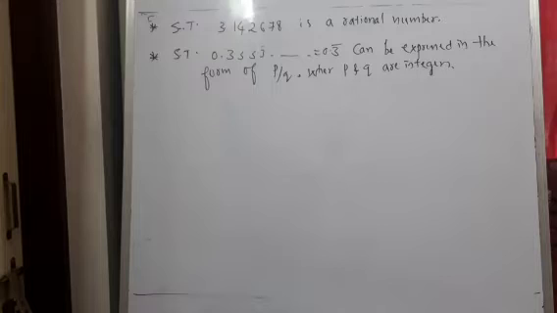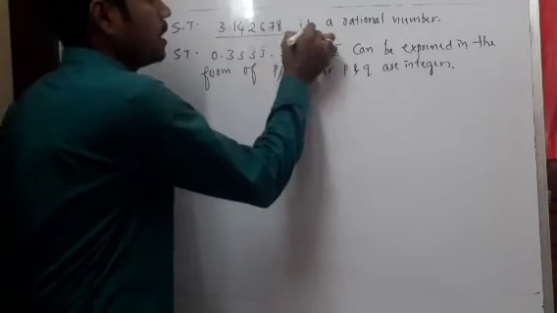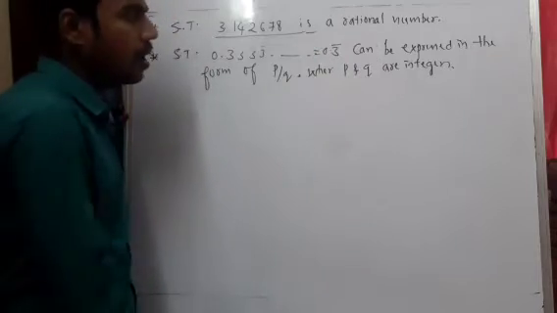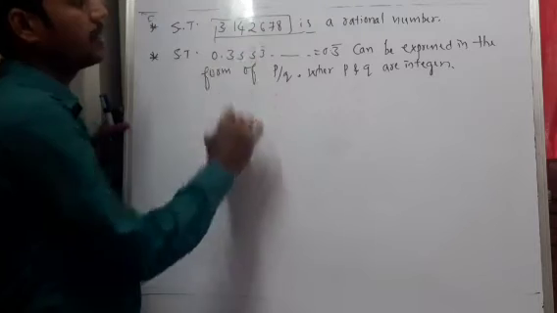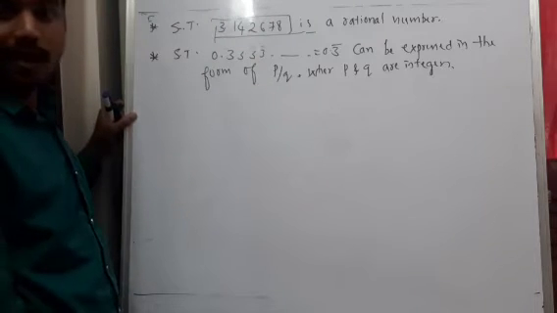So next, show that 3.142678 is a rational number, or else we can show it in the form of P by Q. If we are able to write this number in the form of P by Q, then we can say it is a rational number.